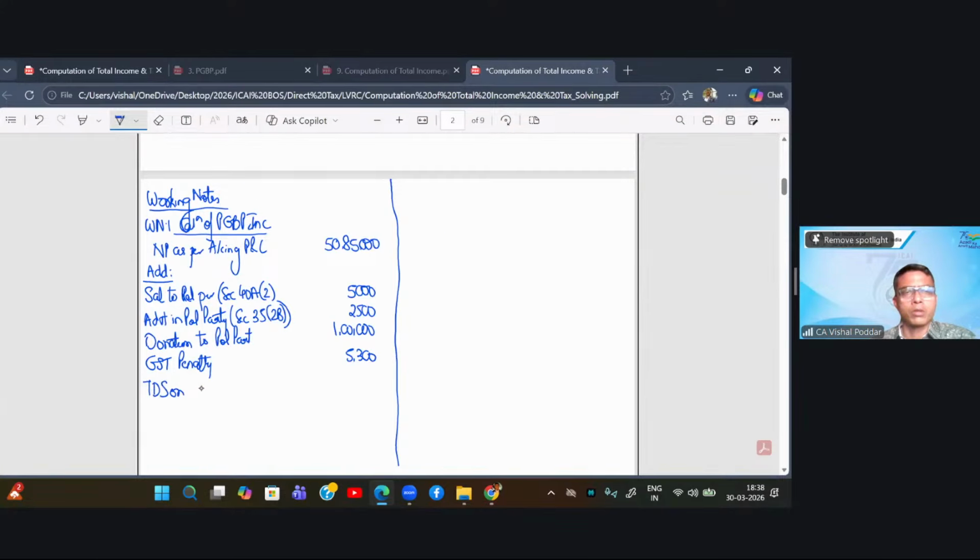TDS not deducted on interest. So 80,000, 30%, 8 threes are 24. So it comes to 24,000.